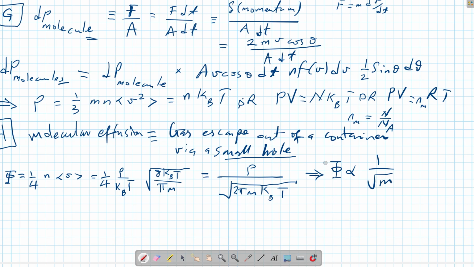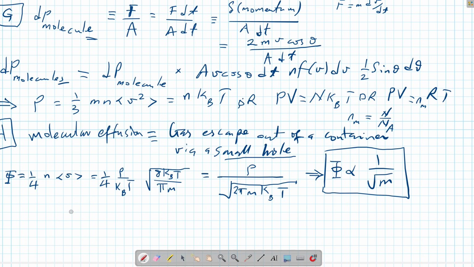This is an important and interesting relationship, that the number of molecules getting out of a hole really depends on the mass. So one can use that to do some kind of physics, some phenomenology.